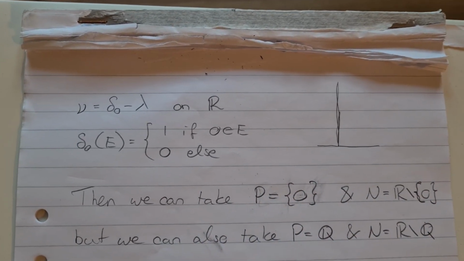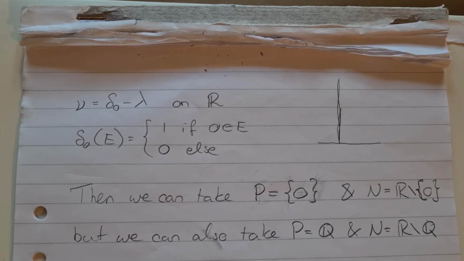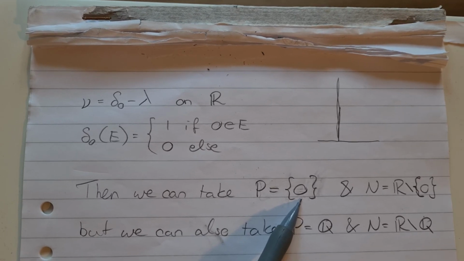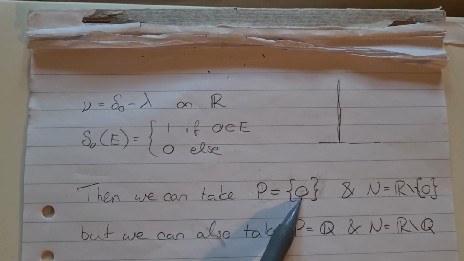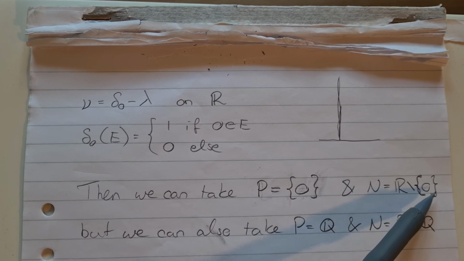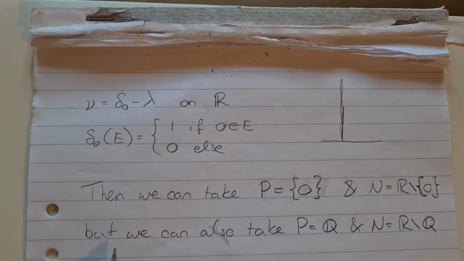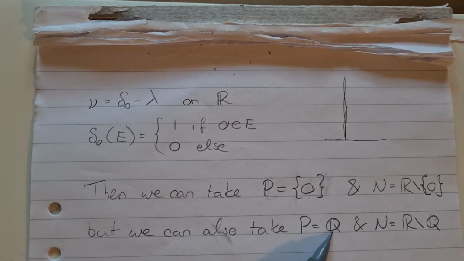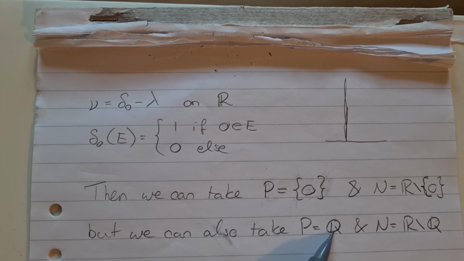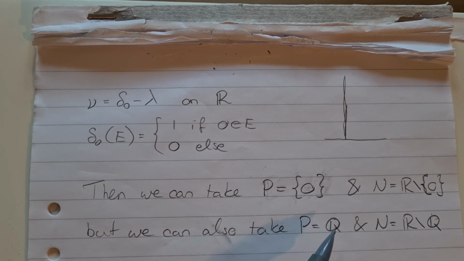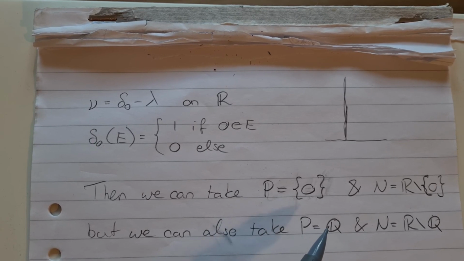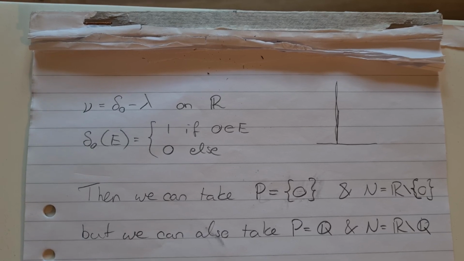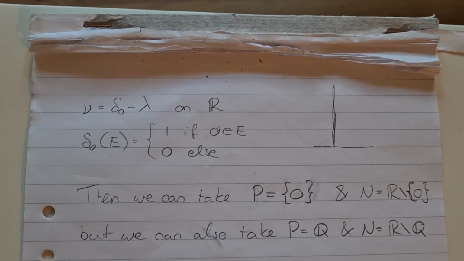So for the Hahn decomposition theorem, to have a concrete example here, the positive set must clearly include 0. The most natural Hahn decomposition is to take P to be equal to {0}, and the negative set everything else. But to stress that this is in no way unique, we can also take P to be the rational numbers, because they contain 0 and the measure of the rest, the non-zero rational numbers, under the Lebesgue measure is 0.